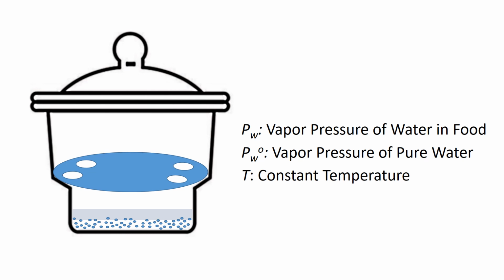Now we can bring it into a simple experimental basis. We can place a saturated salt solution at the bottom of the desiccator at constant temperature. A saturated salt solution will create a specific relative humidity. For example, if we place a saturated salt solution of sodium chloride, then it will create a relative humidity of 0.75 inside the desiccator.